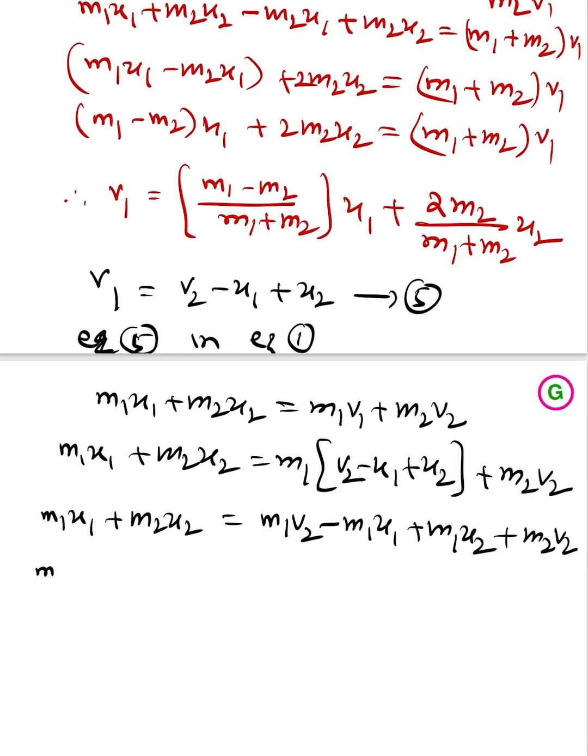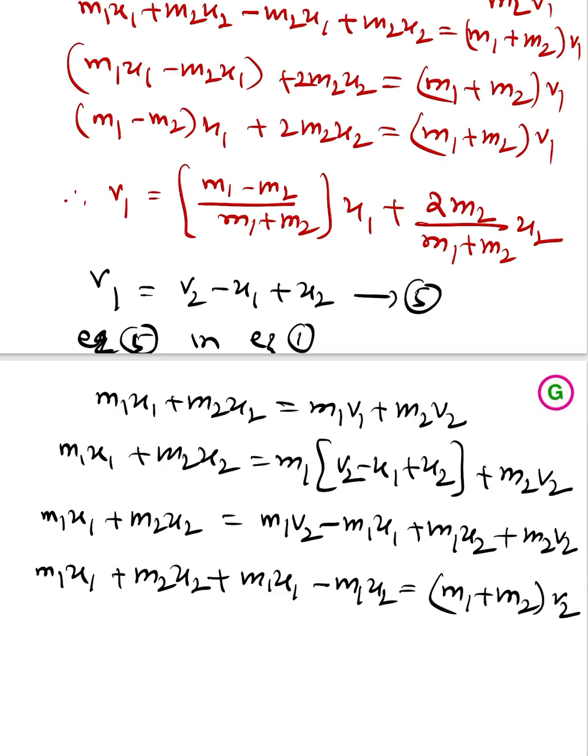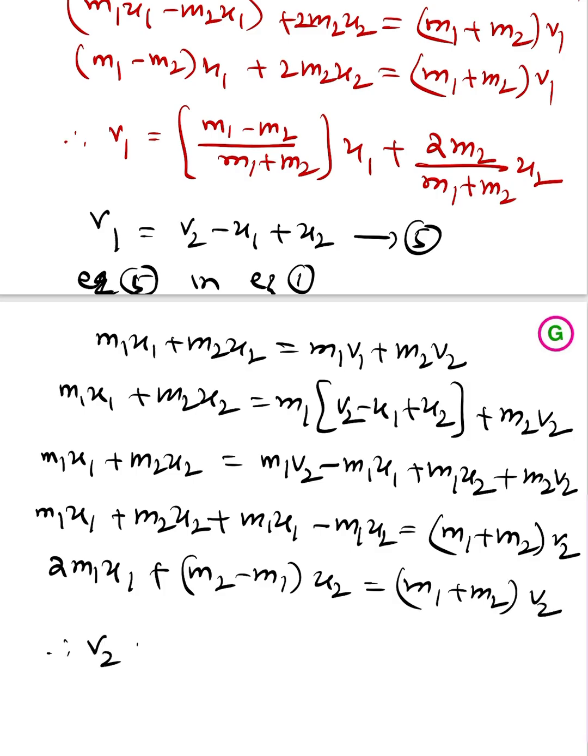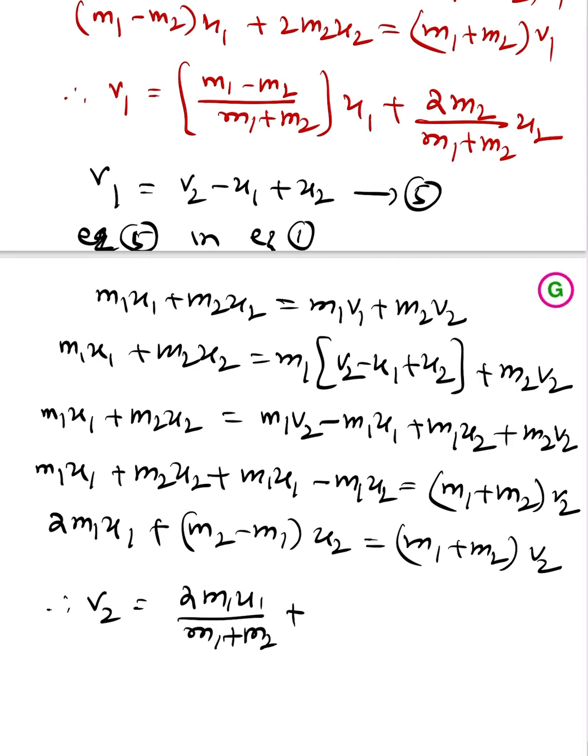Taking common v2, we get 2 m1 u1 plus (m2 minus m1) u2 equals (m1 plus m2) v2. Finally, v2 equals 2 m1 by (m1 plus m2) into u1 plus (m2 minus m1) by (m1 plus m2) into u2.